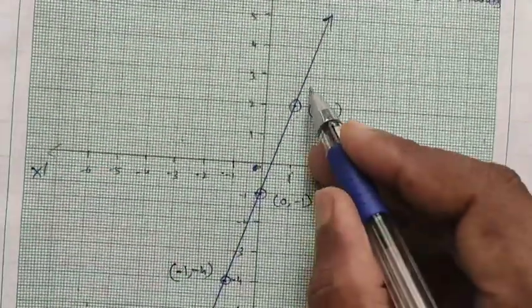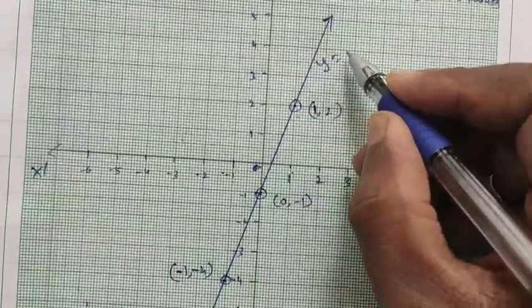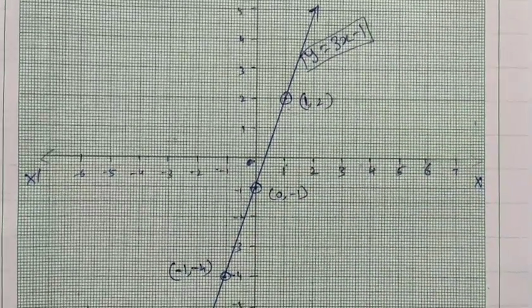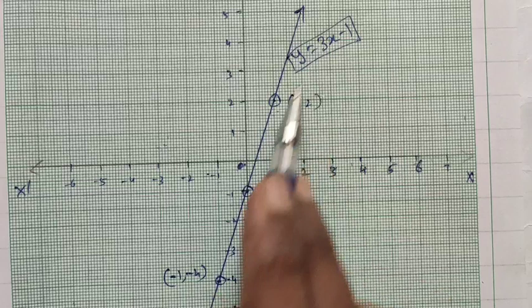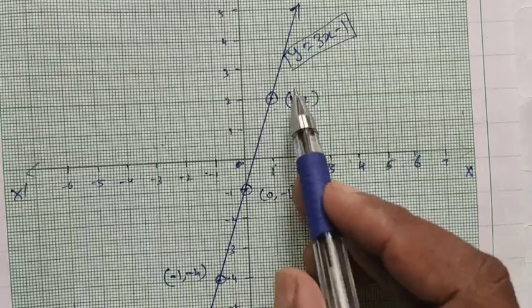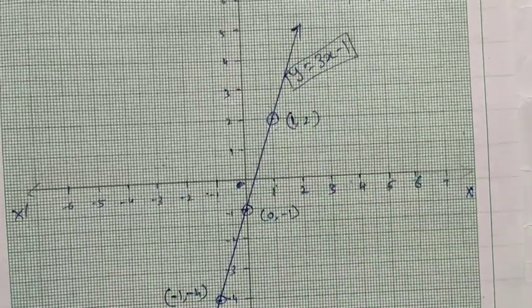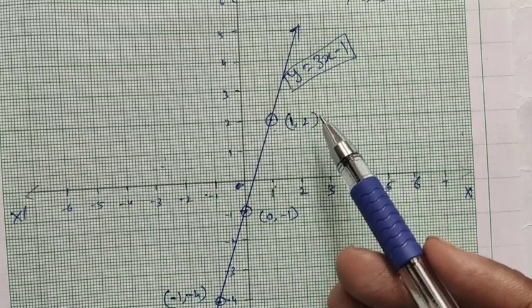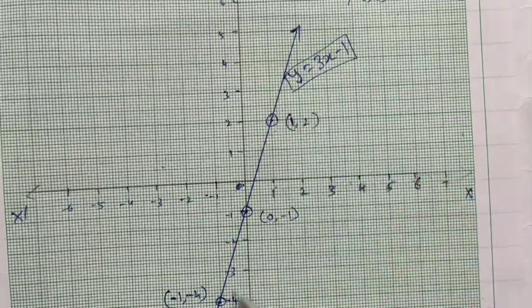So the line of this equation is y = 3x - 1. That is the given equation. Here we have the line also having the equation, right? So a linear equation in two variables represents a straight line.